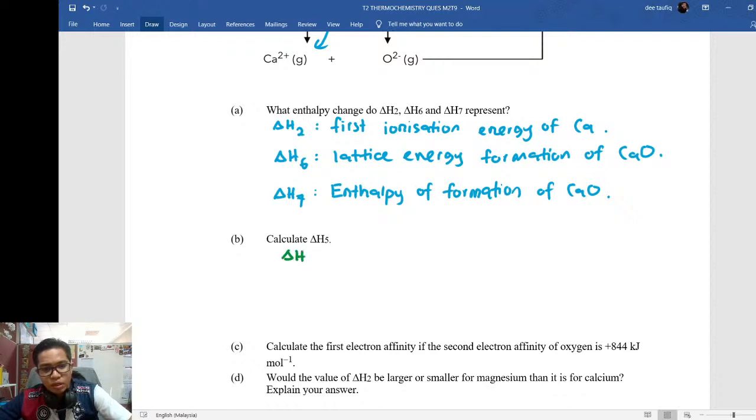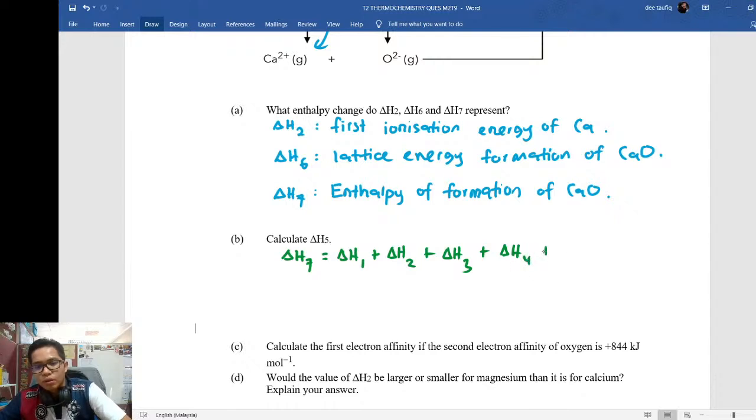So formula delta H7 equal to delta H1 plus delta H2 plus delta H3 plus delta H4 plus delta H5 plus delta H6.